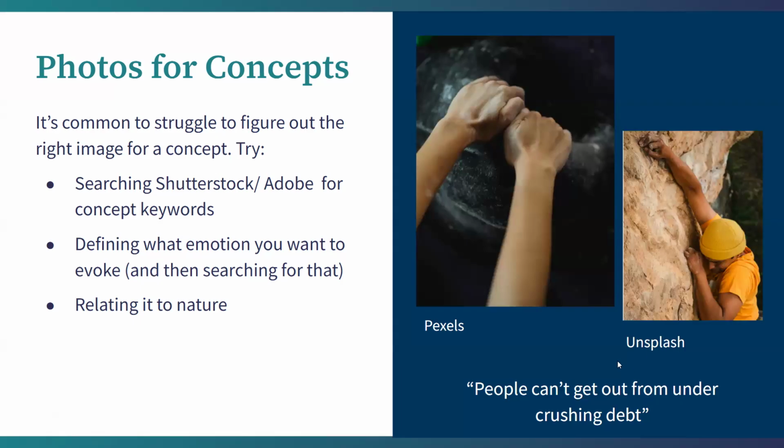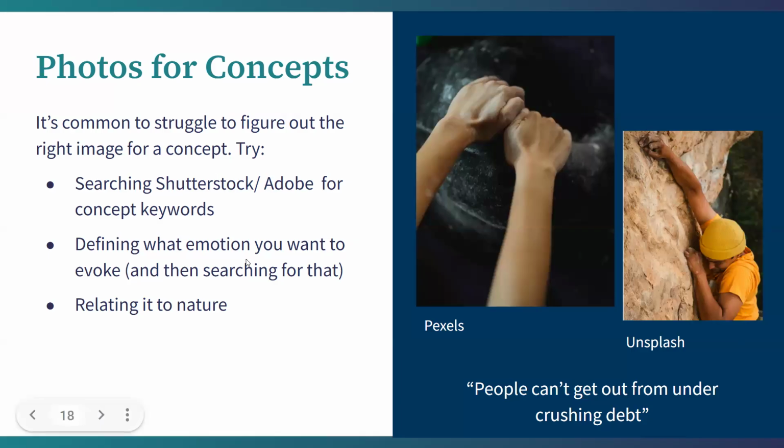These are not literally being crushed under debt in any sense of the word. If I could find someone literally being crushed, that would be awful and we wouldn't want it. But these have the feeling of it's all going to come apart, like just one hand slips, which I like for this particular concept.